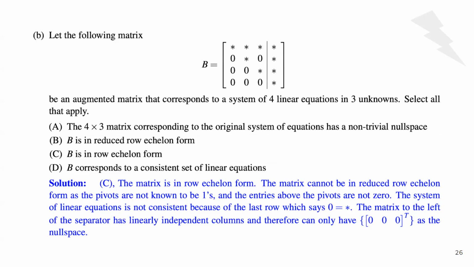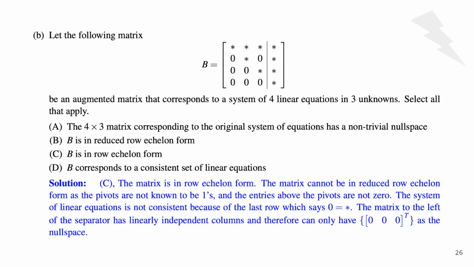The system of linear equations is not consistent because the last row says that when all the scalars for our variables are 0, it equals some scalar, which isn't a true equation. And the matrix to the left of our separator has linearly independent columns, so it can only have (0, 0, 0) transpose as the null space.